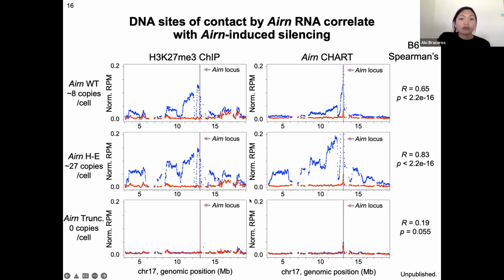And when we did that, we were really excited to not only see how well these experiments worked, but also to see how well correlated these independent data from different assays are to each other. And again, these data further support a direct role for the non-coding RNA in silencing.